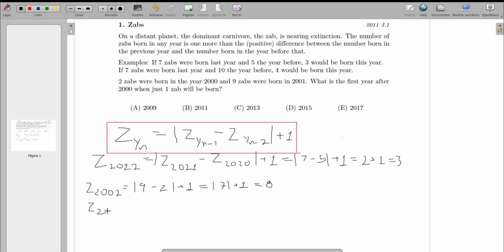For those sabs born in year 2003, we are going to use this number, which represents the sabs born in year 2002 minus the sabs born in 2001, plus 1.